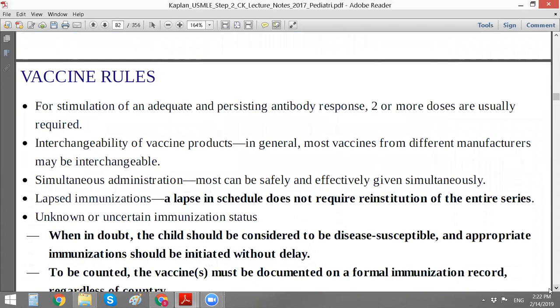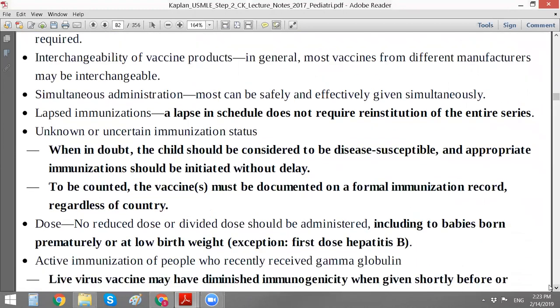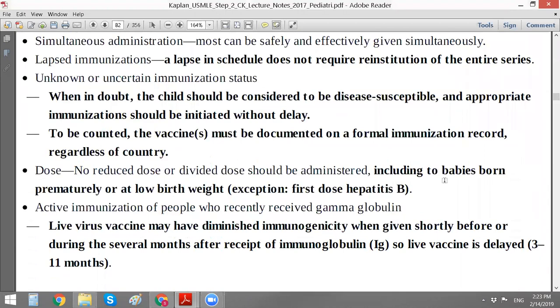Simultaneous administration: vaccines can be safely and effectively given simultaneously. Lapsed immunization: a lapse in schedule does not require reinstitution of the entire series. Unknown or uncertain: when in doubt, the child should be considered disease susceptible and appropriate immunization should be initiated without delay. To be counted, the vaccine must be documented on a formal immunization record regardless of the country.